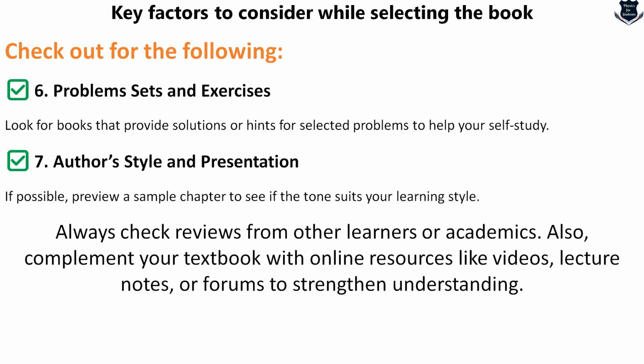So we can summarize that you need to check the reviews from other learners. Also complement your textbook with some online resources, lectures, etc. That makes the book self-complete. So these are the factors that you should consider, and you should avoid those things which I have just told you.